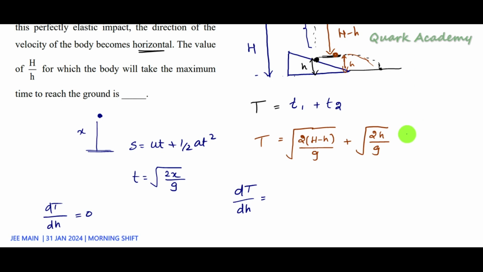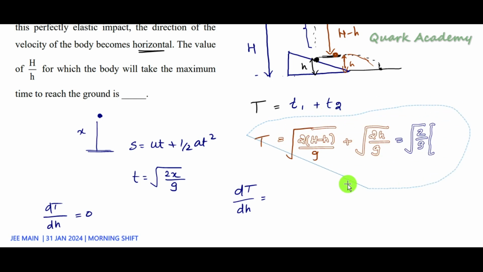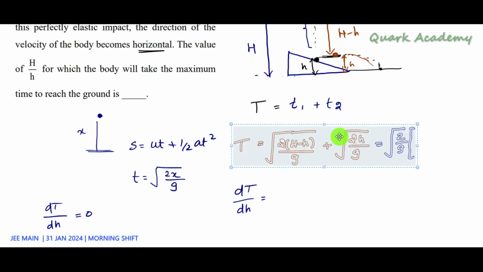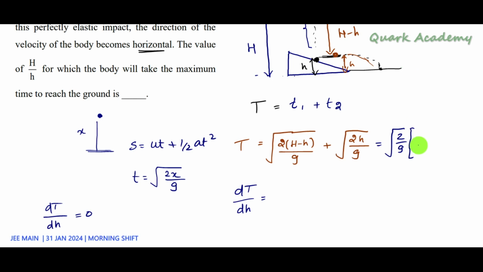It's better to take out the common components. This root of 2 by g is common. Then we are left with (H minus h) power 1 by 2 plus h power 1 by 2.